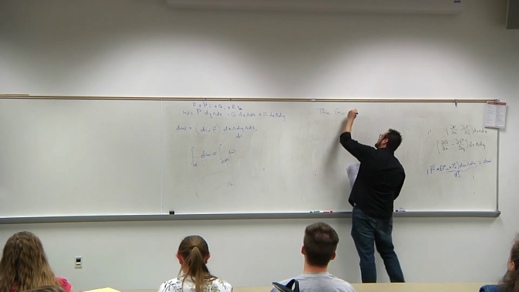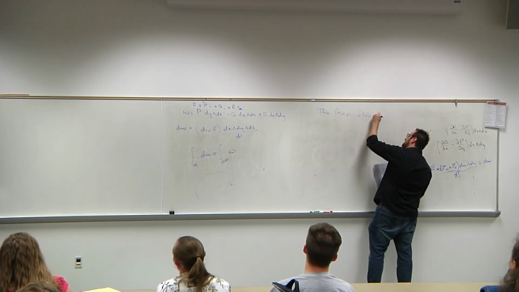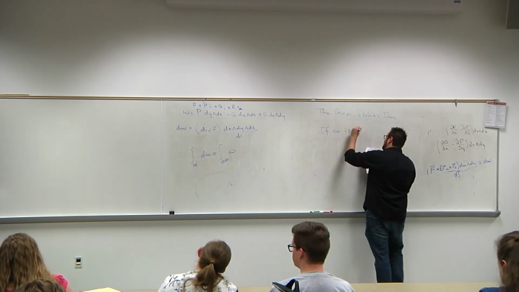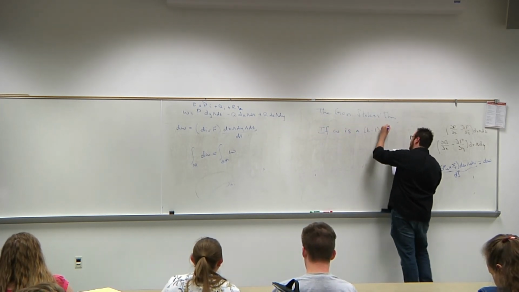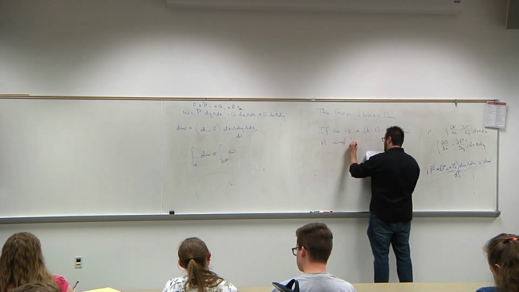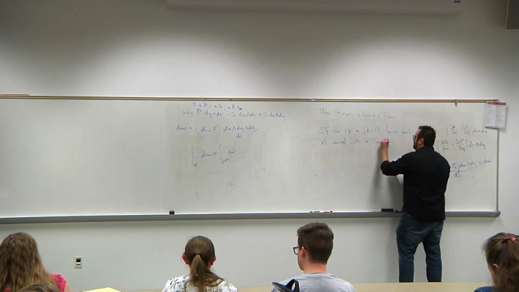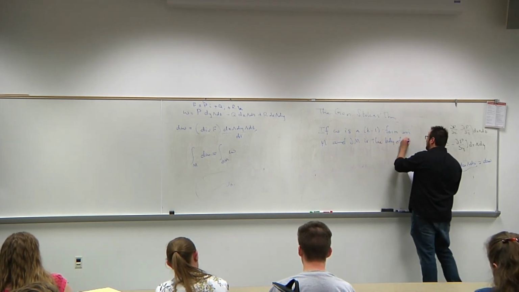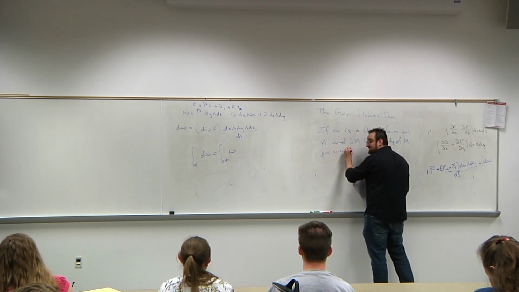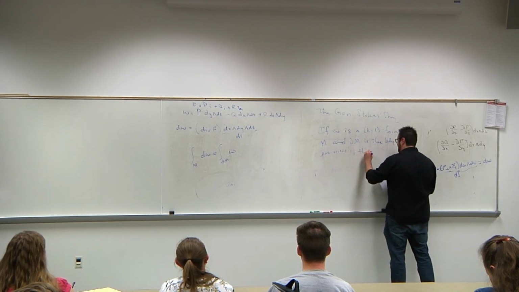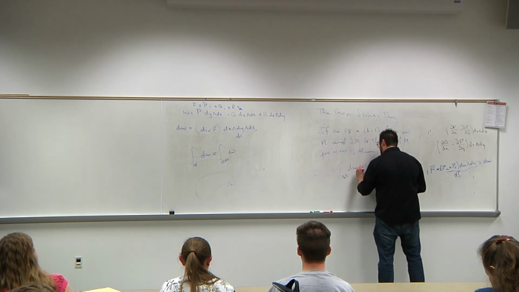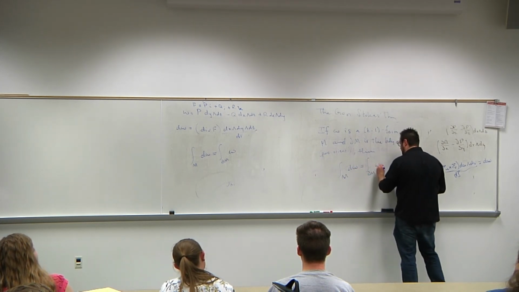The generalized Stokes theorem says that if omega is a k minus 1 form on M, and partial M is the boundary of M positively oriented, meaning the orientations are consistent, then the integral over M of d omega is equal to the integral over partial M of omega.